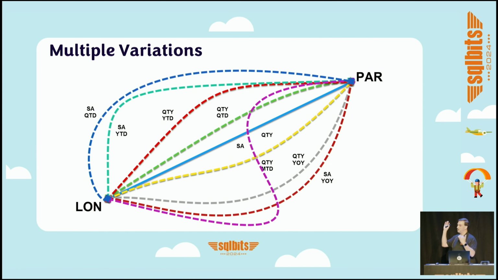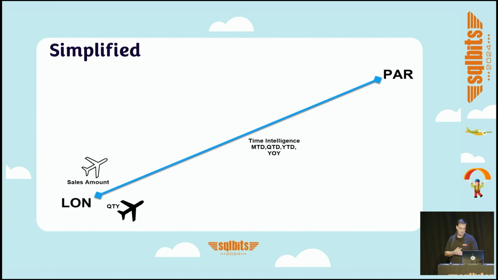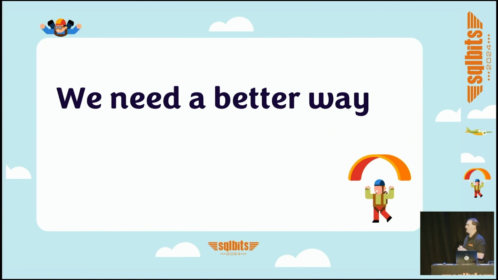You can see how things start getting complicated as we introduce more measures, more variations. If we could find a way where time intelligence is our flight path, and then we just send those planes of quantity and sales amount down that route, and we only have to maintain that route. So we need a better way.